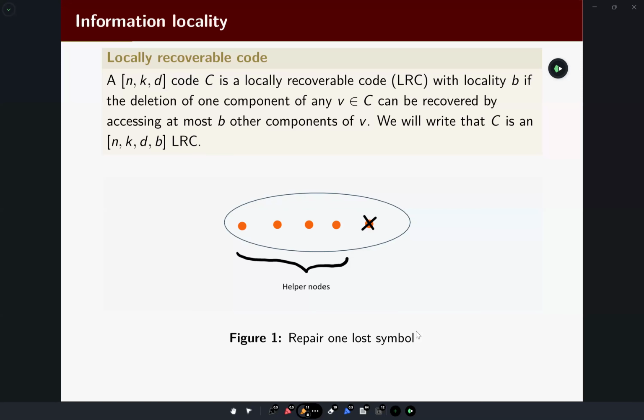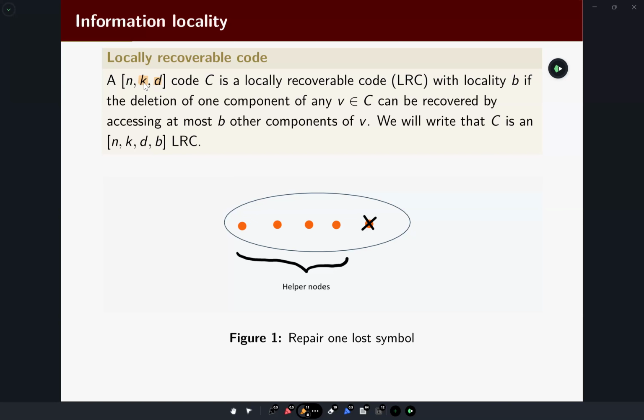And in this case, any linear code with dimension k can recover at most d-1 erasures by looking at k other elements. So basically, any given code has the property to be locally recoverable in a certain way. But the point is, do we really want to look at all k values anytime we need to recover just one erasure?